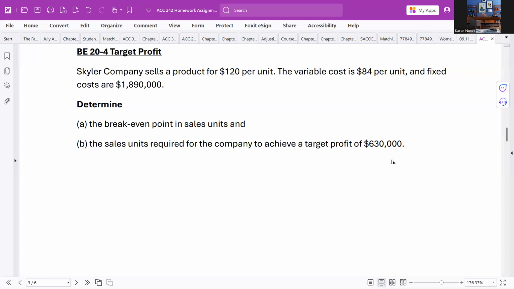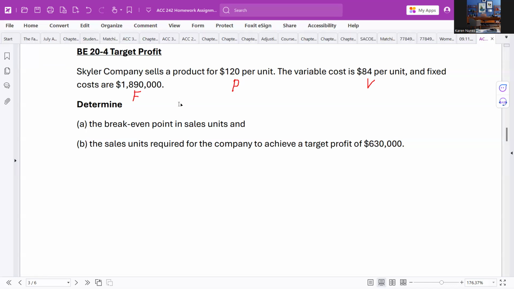So the first thing we're going to do is figure out what that breaking point is, and then figure out what they need to do to generate a profit of $630,000. So we need to know here what that unit contribution margin is, right? So again, we've got here a price of $120, a variable cost of $84, and the fixed costs are $1,890,000.